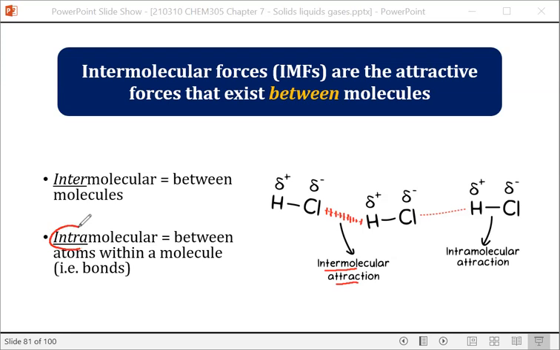Versus intramolecular forces, those are the forces between atoms that bond atoms together. So an intramolecular force would be this bond. And intermolecular forces are between entire molecules to determine how molecules interact with each other in a solution, or in a solid, or in a gas.